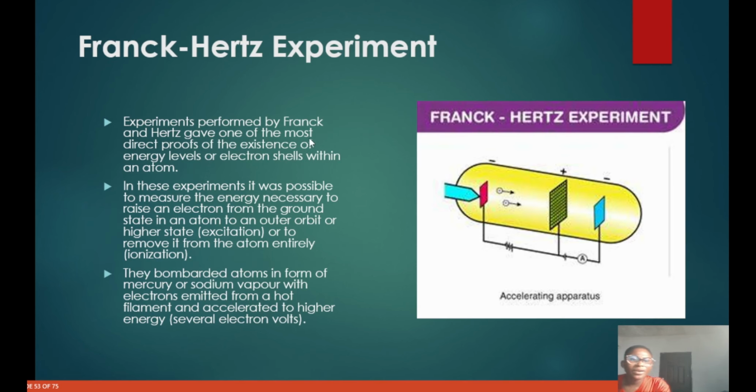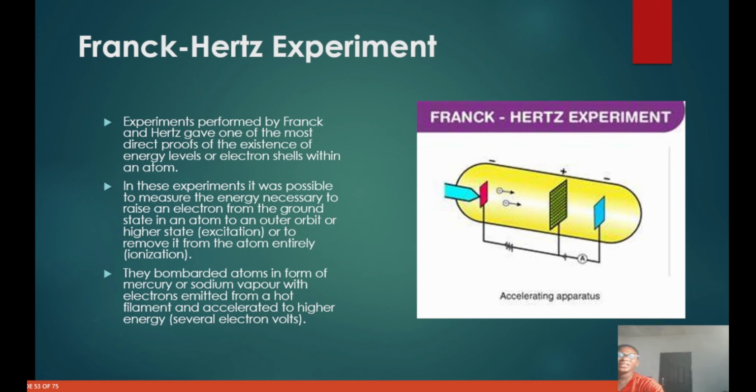Franck-Hertz experiment. Experiments performed by Franck and Hertz gave one of the most direct proofs of the existence of energy levels or electron shells within an atom. In this experiment, it was possible to measure the energy necessary to raise an electron from the ground state in an atom to an outer orbit or higher state, or to remove it from the atom entirely.